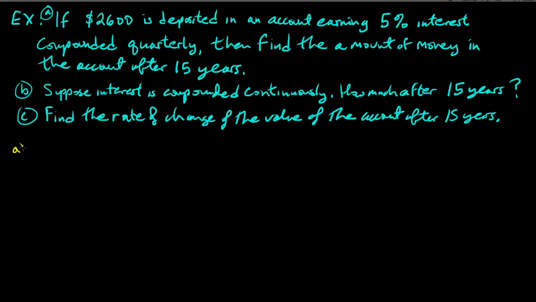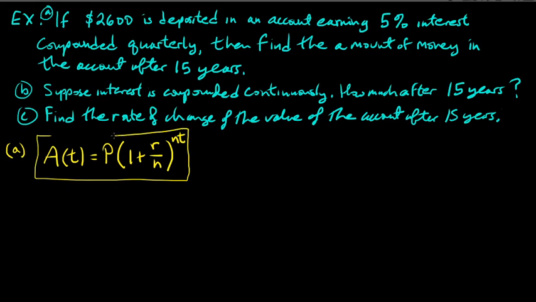So for part A, it might be helpful to know that the amount of money after t years is given by P times 1 plus r over n raised to the power n times t. I'm sure you've seen this before, but you may have forgotten it.